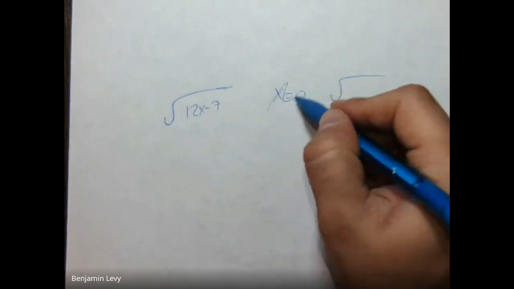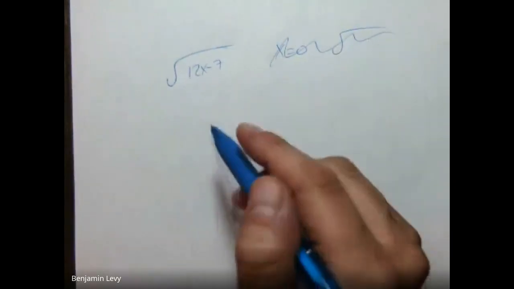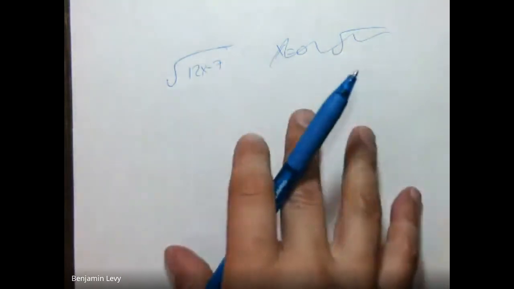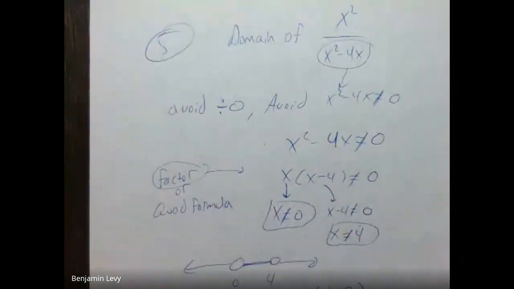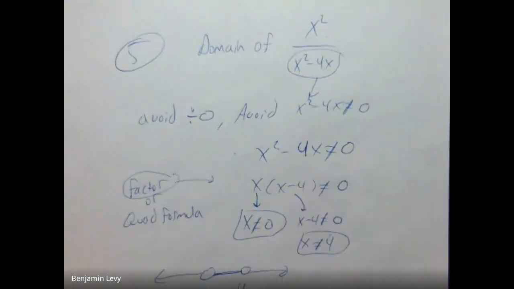So if you plug in x equals 0, you just get... Oh, I see what you're saying. So here's what you do. Did you set this equal to 0? Yeah, I did, and I got 7 over 12, but then it looks to me that you can't have x equals 0 because it's going to be -7. Yeah, so you're missing something here. So we set the other one equal to 0 because we wanted to avoid dividing by 0.